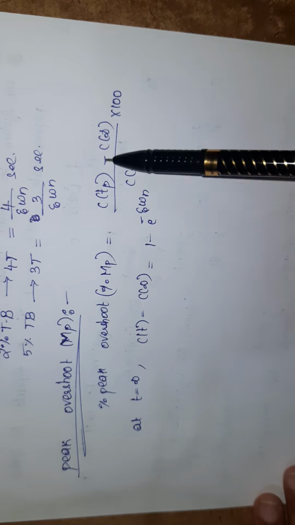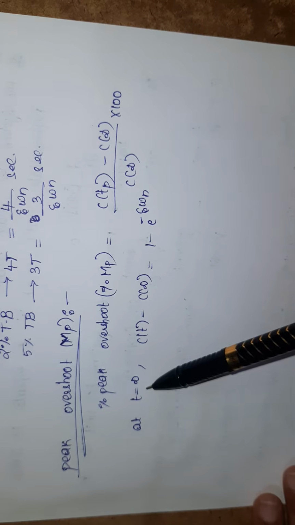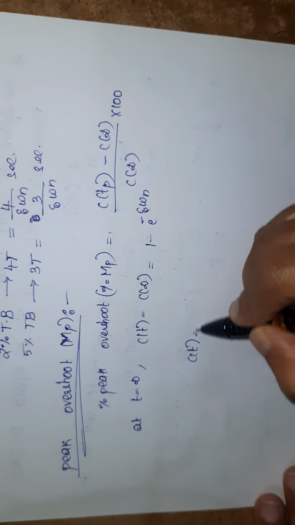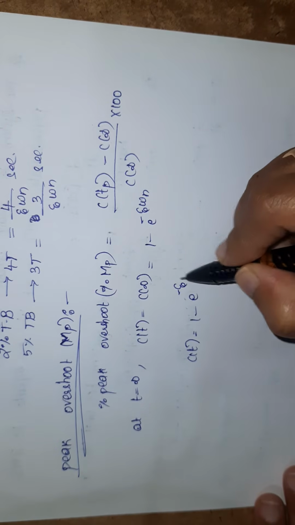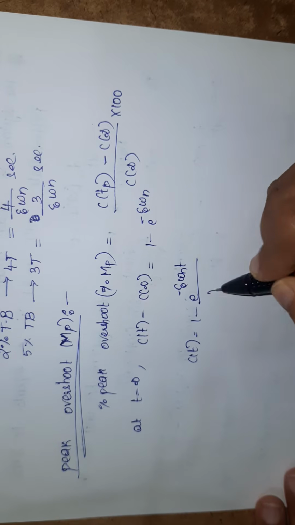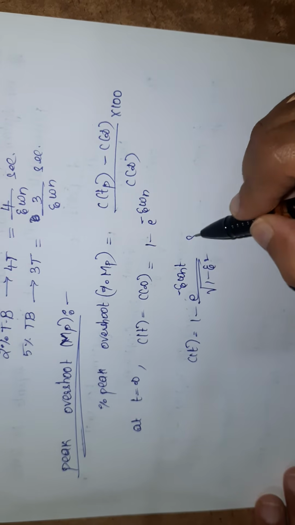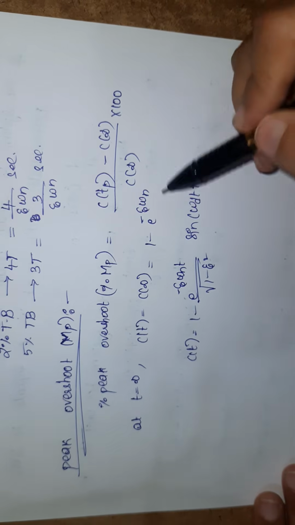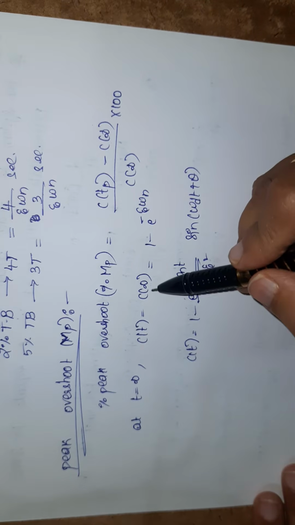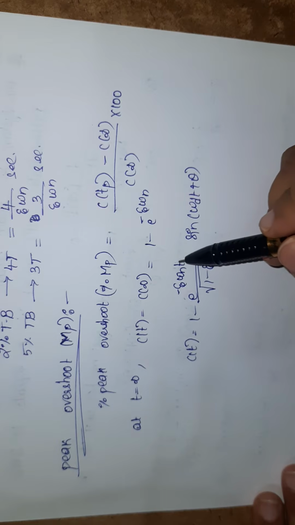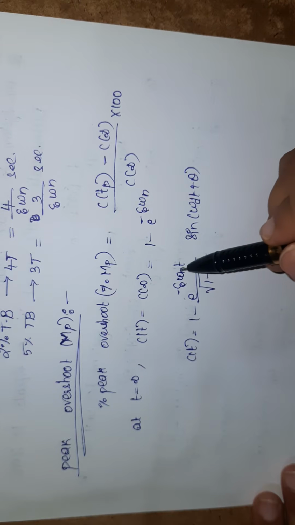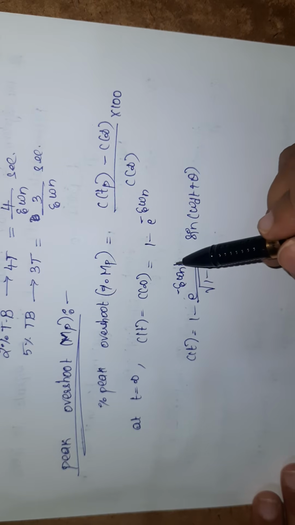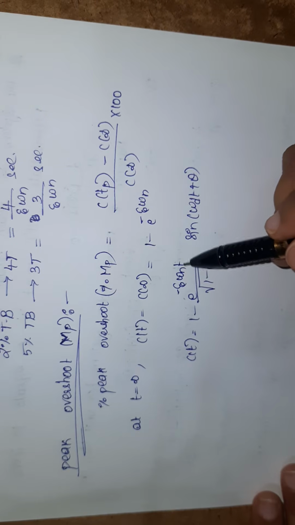Okay, so first at t equal to infinity, what is c of t? We know that c of t is equal to 1 minus e power minus zeta omega n t by square root of 1 minus zeta square into sine of omega d t plus theta. I have to substitute t as infinity. If I substitute t as infinity, e power minus infinity can be written as 1 by e power infinity, and e power infinity is infinity only.